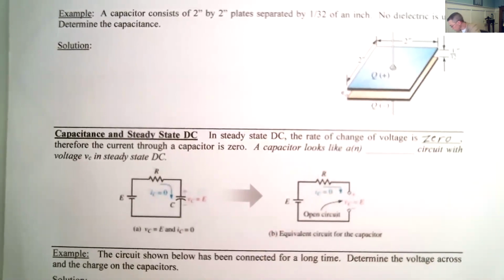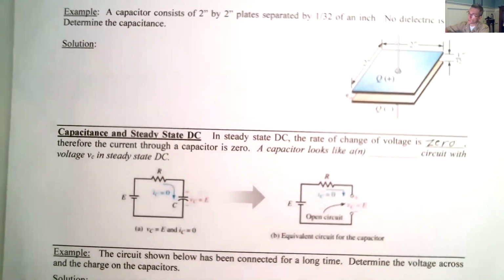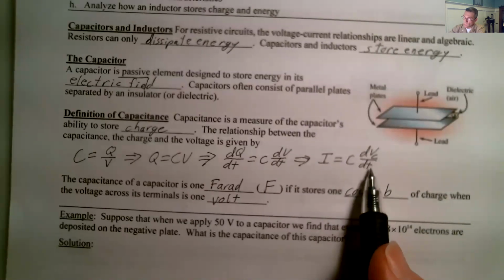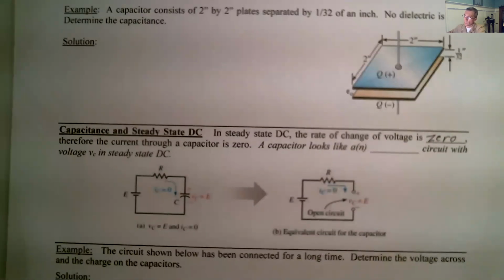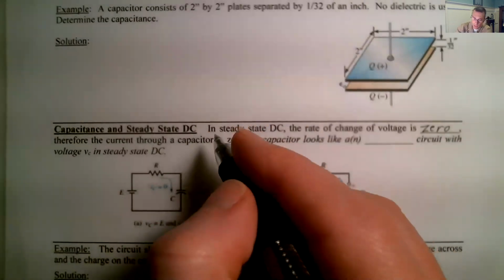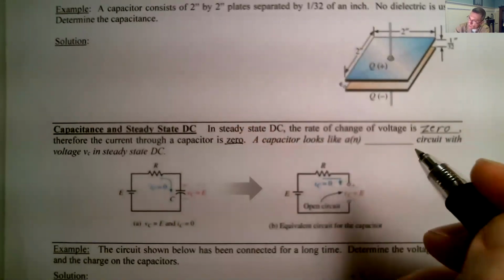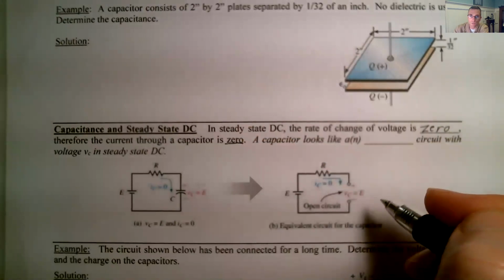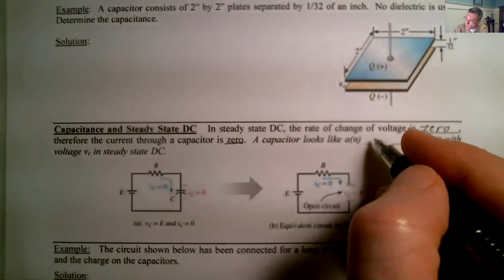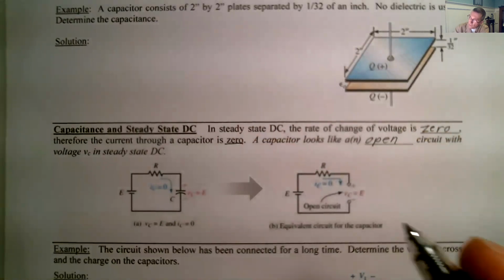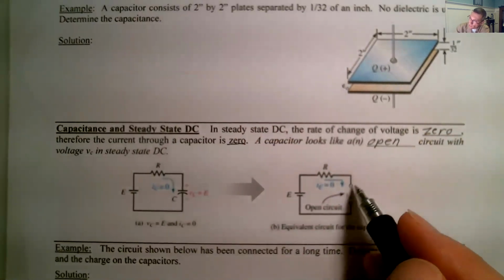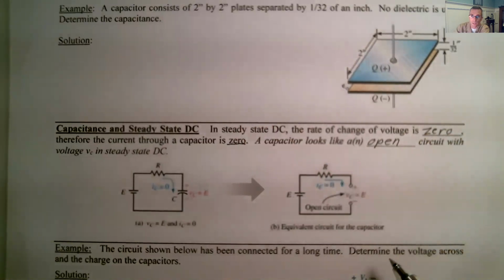Going back to the equation i equals C dV/dt, if dV/dt is 0 and C is some capacitance, that means the current through the capacitor is 0. So what kind of component has 0 current through it? That is an open circuit. So at steady state, a capacitor is an open circuit.